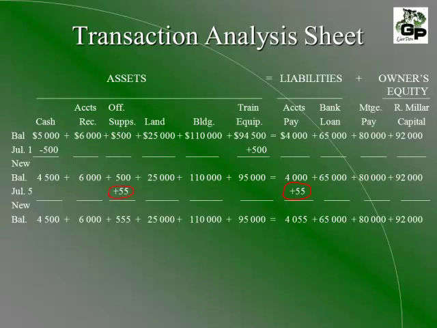These are the two accounts that are affected. So we have to make note of the fact that they were increased by $55. Then we have to total all the different accounts. The ones that were changed do get changed, and the others remain the same. So office supplies started at 500, now it's at 555. Accounts payable started at 4,000, it's now at 4,055.